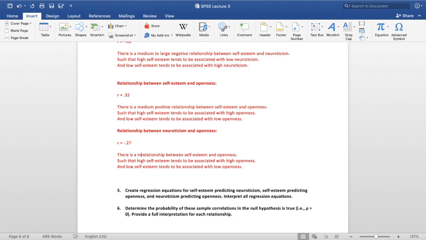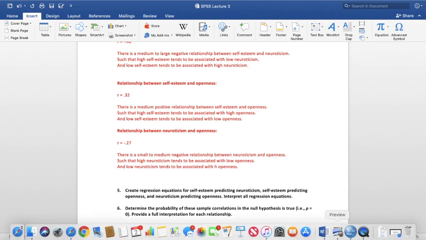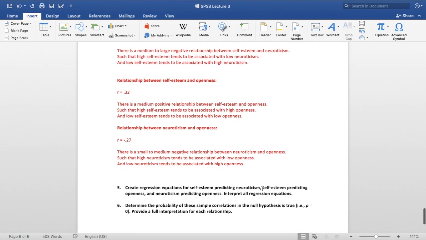So we could say there is a small to medium negative relationship between neuroticism and openness, such that high neuroticism tends to be associated with low openness, and low neuroticism tends to be associated with high openness.